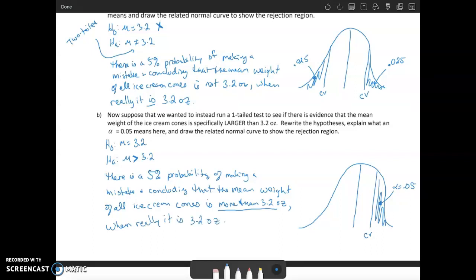So notice that the only difference in our explanations of what that alpha value means has to do with the symbol in the alternate hypothesis. So the difference is between saying is not to saying more than or less than. The rest of it is the same.